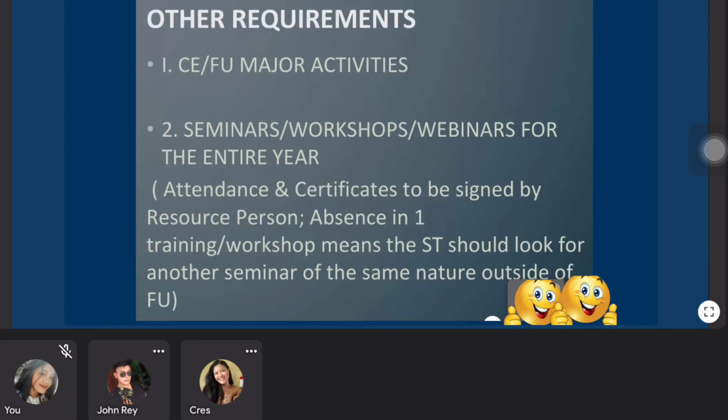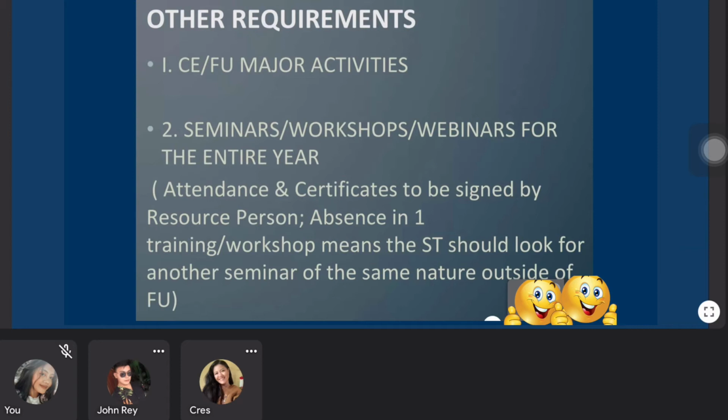And then we still have other requirements, the CE or FU major activities, seminars, workshops, webinars for the entire year, attendance and certificates to be signed by resource person. Absence in one training or workshop means the ST should look for another seminar of the same nature outside of FU.